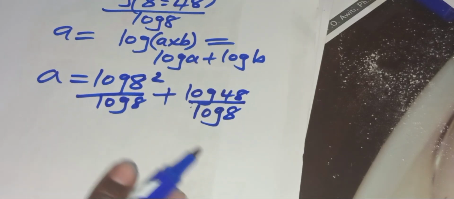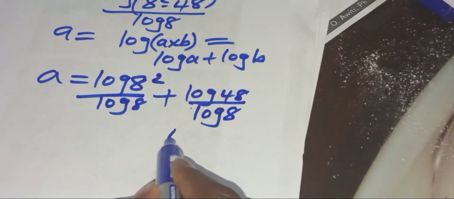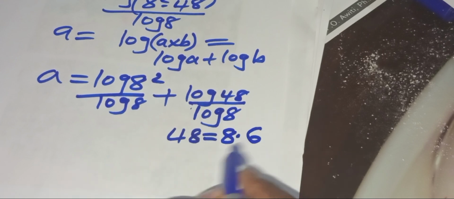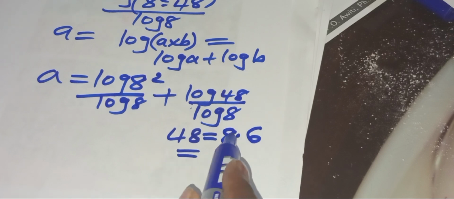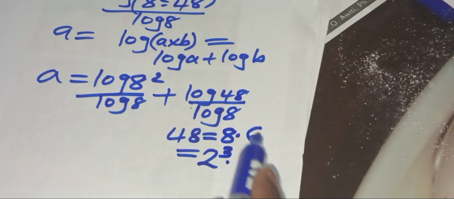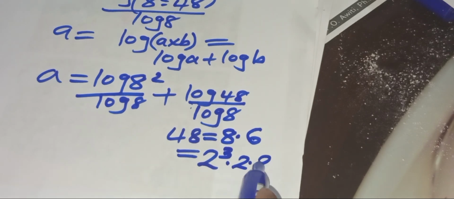As you can see, we can express 48 as 8 multiplied by 6, and we can express 8 as 2 to the power 3, and 6 as 2 times 3.